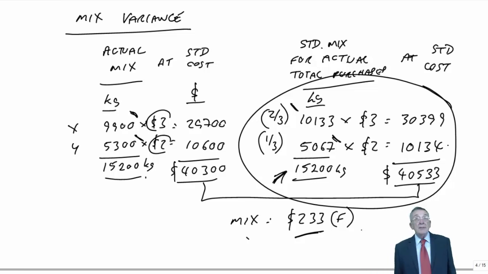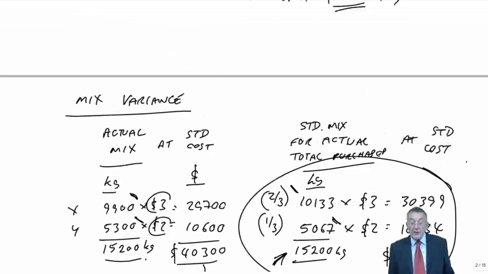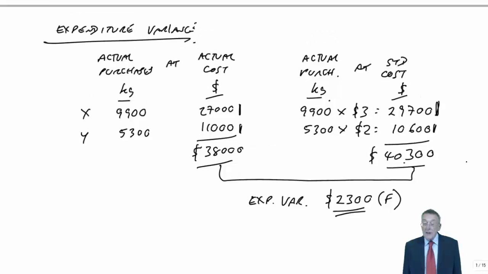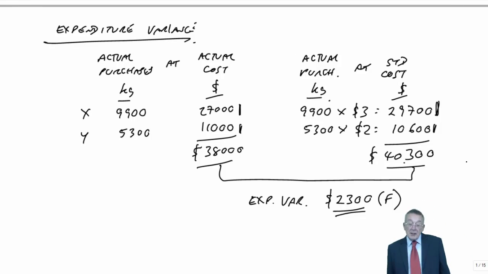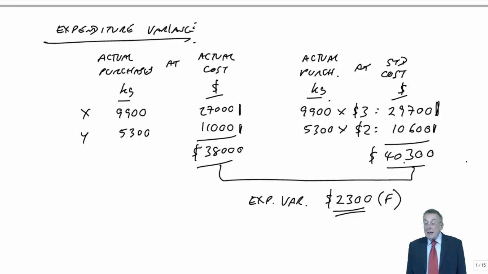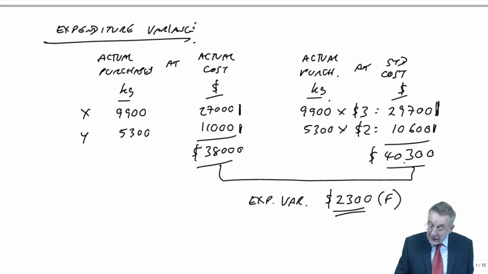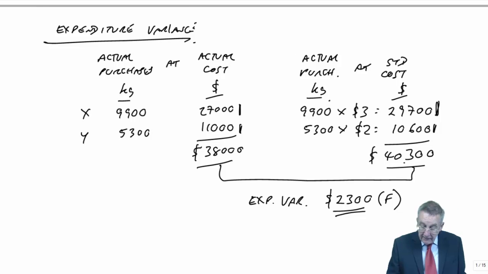So why didn't we pay 40,300? Well, it's 40,300 at standard cost. We actually paid a different amount per kilo. As a result, we paid 38,000. We had our expenditure variance. Let me just summarise and make one last point.